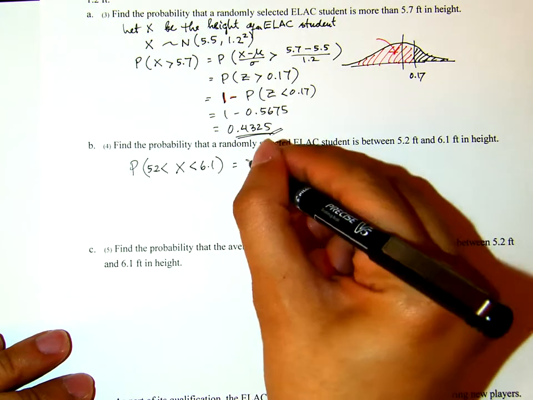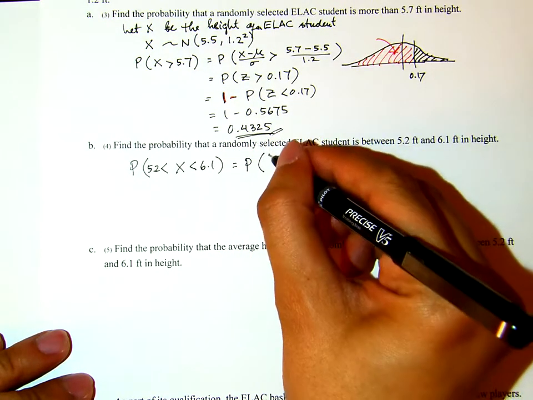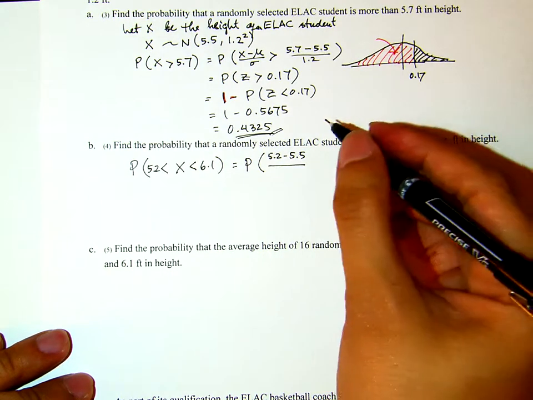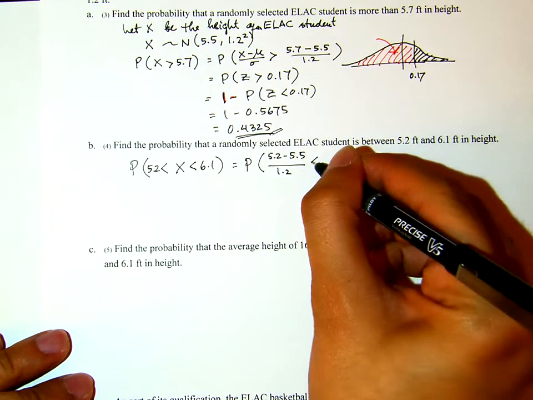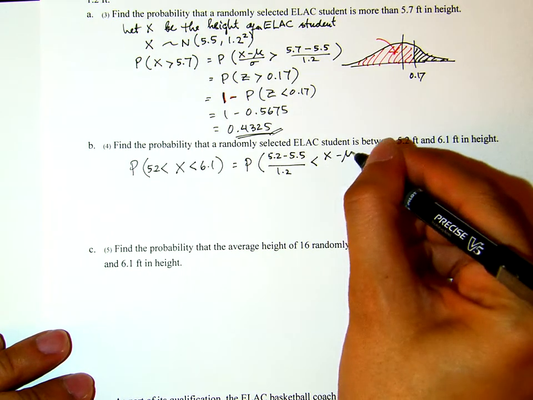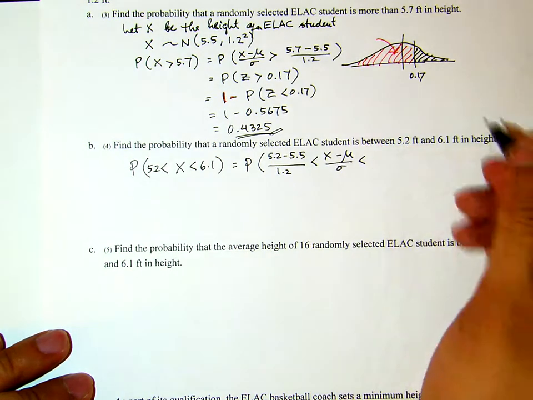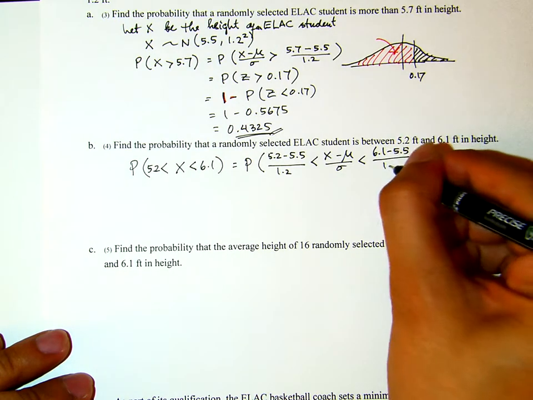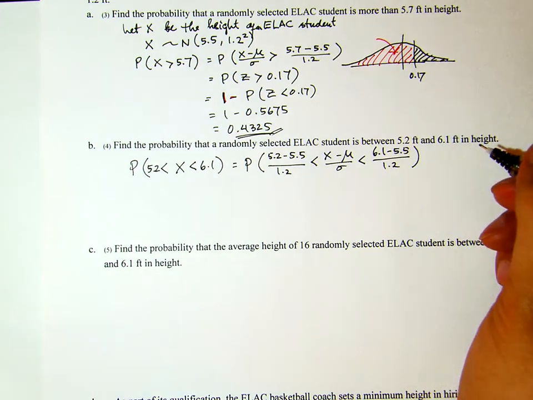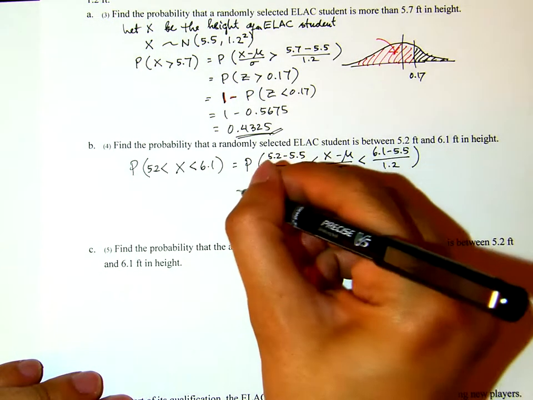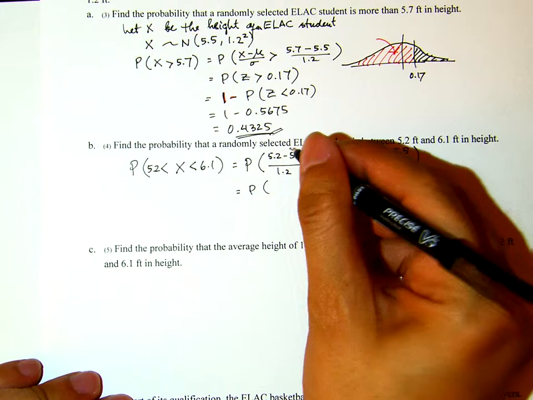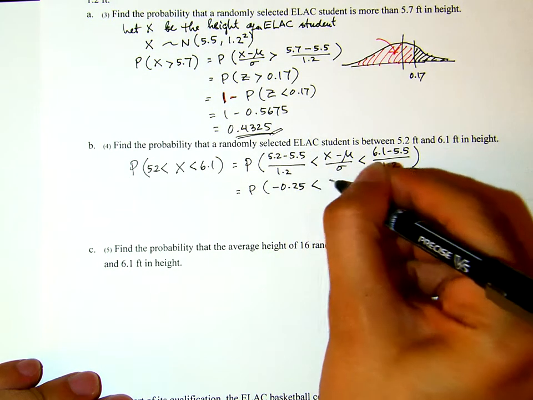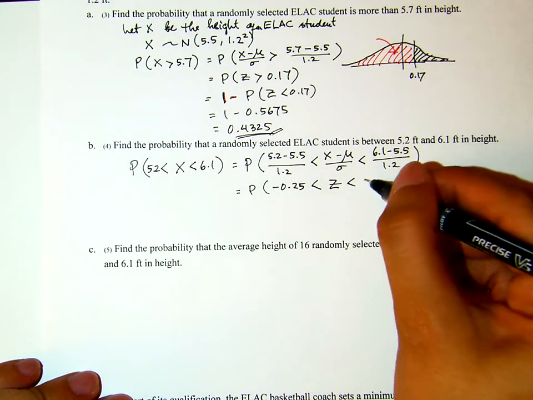I will standardize that first: 5.2 minus the mean over the standard deviation, and 6.1 minus the mean over the standard deviation. If I compute, I get negative 0.25 and 0.5.